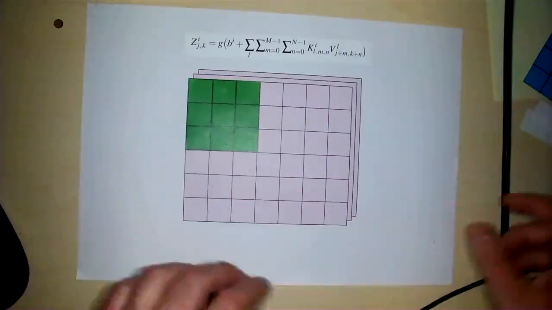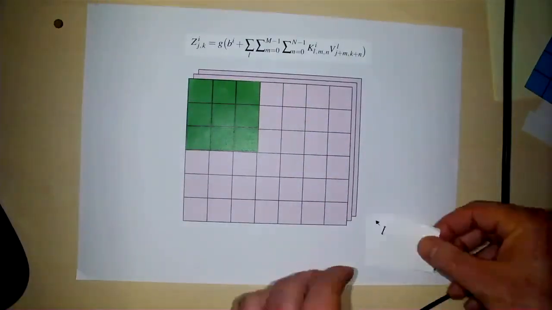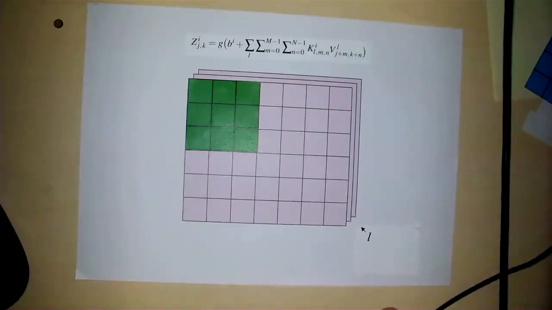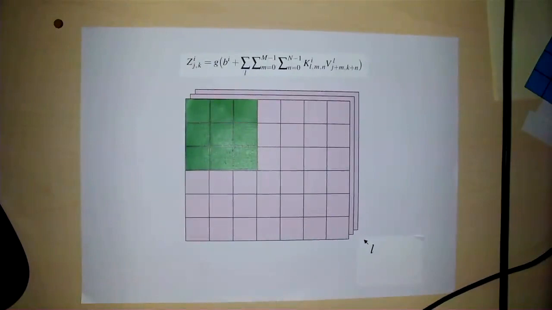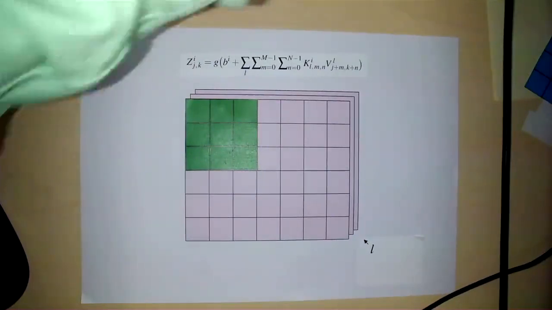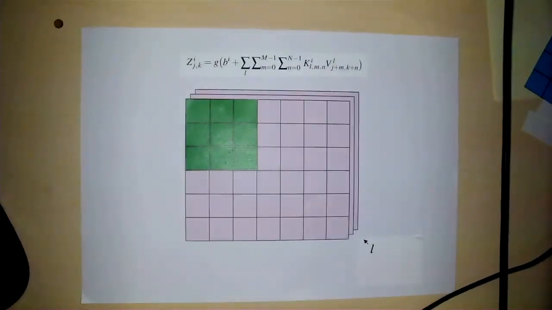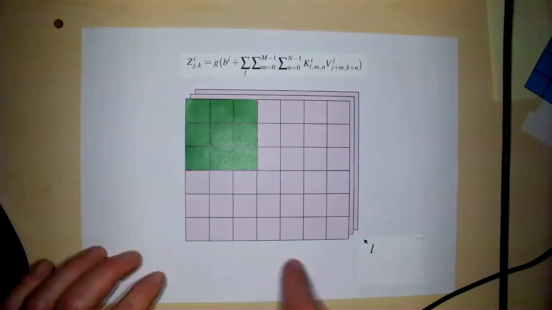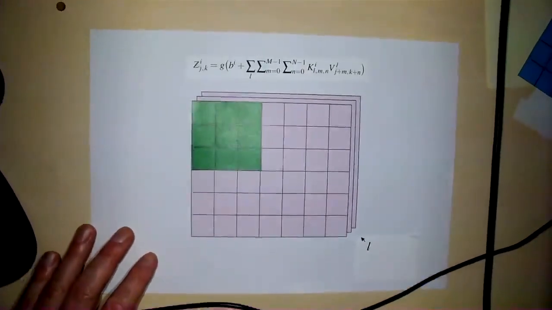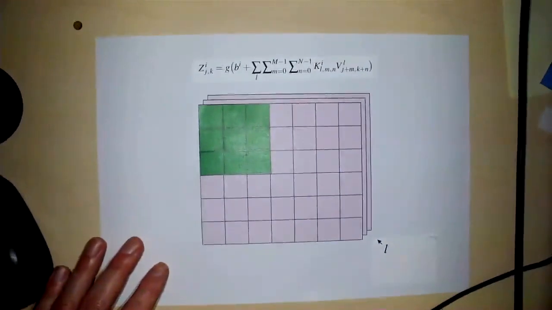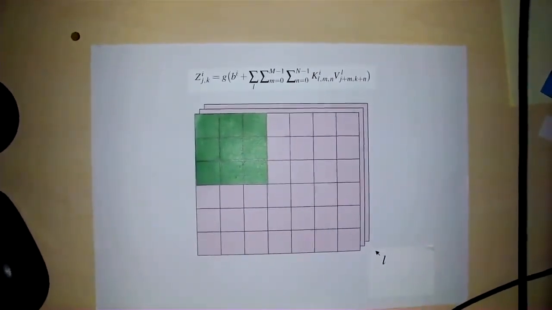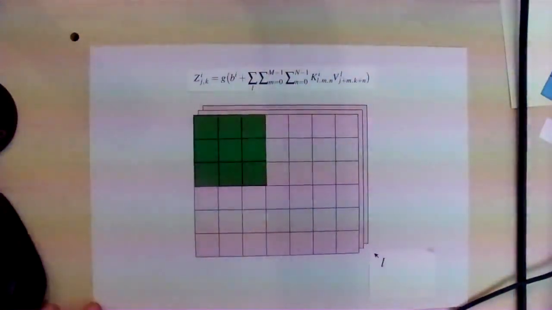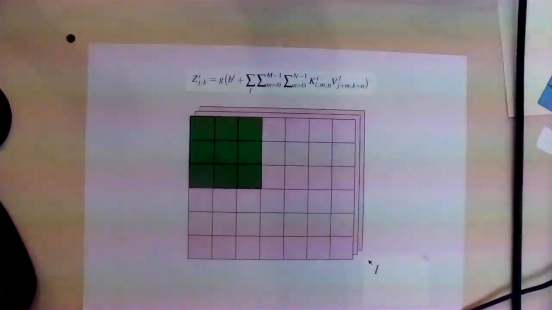And then I've got what's called a convolutional filter. So the L is used in this equation, the L is used to index these different channels. Sorry, there's a bit of a glare here.